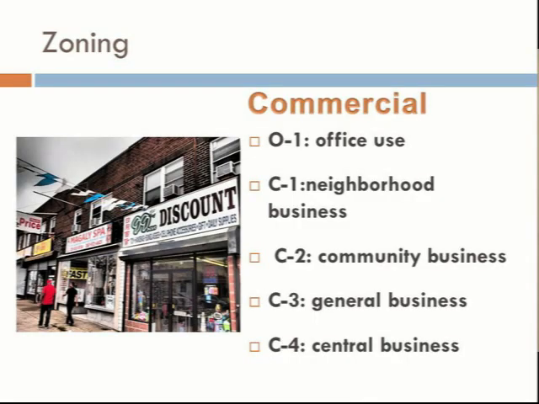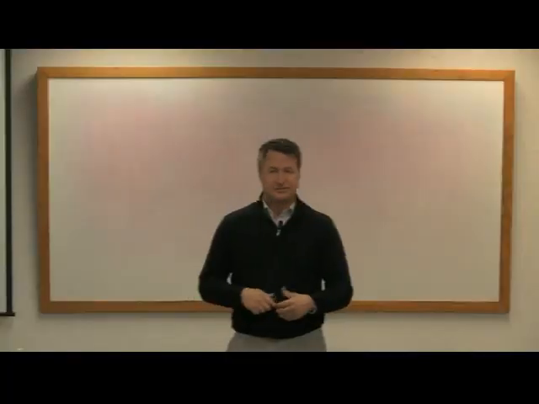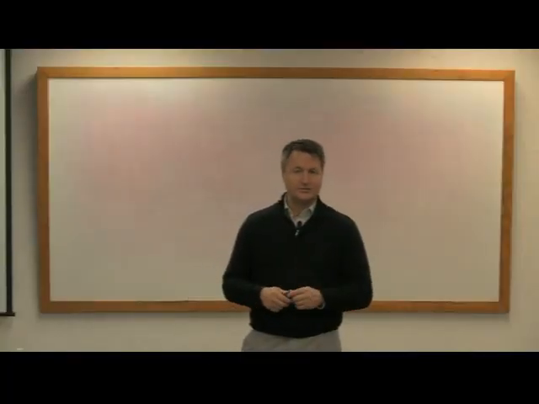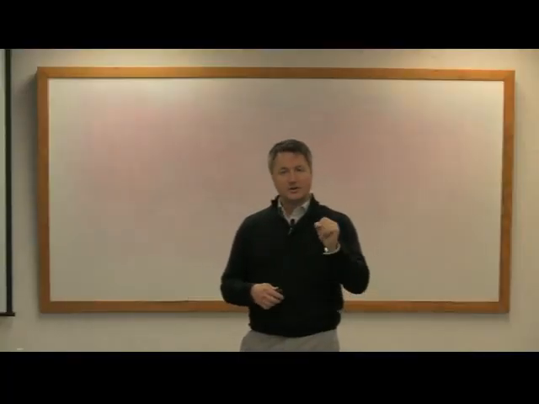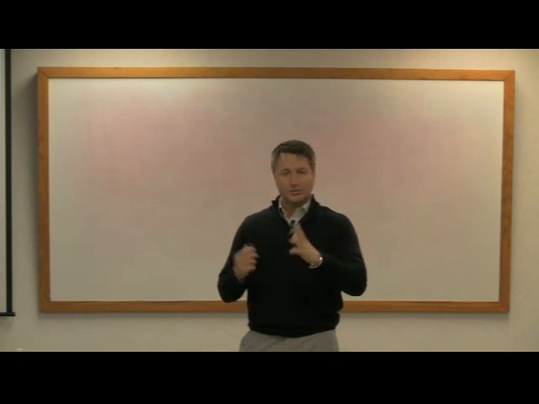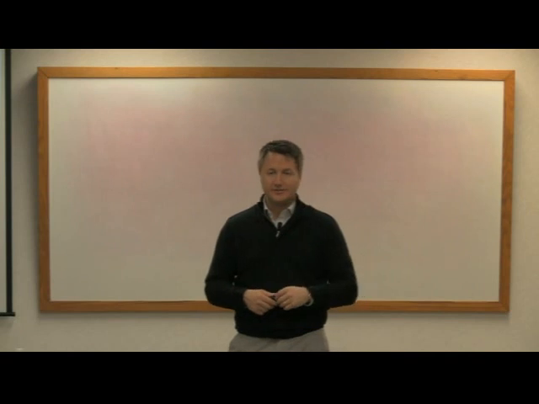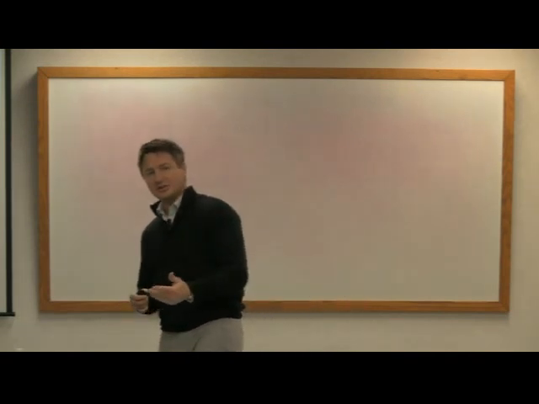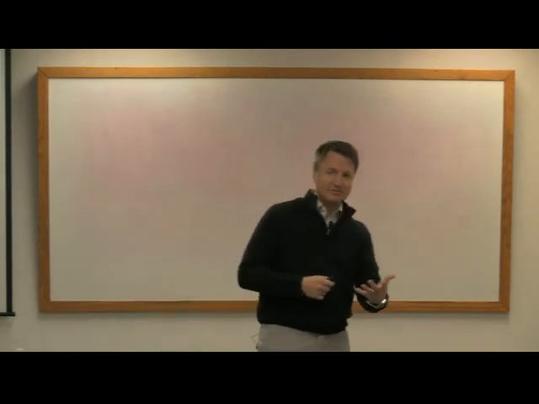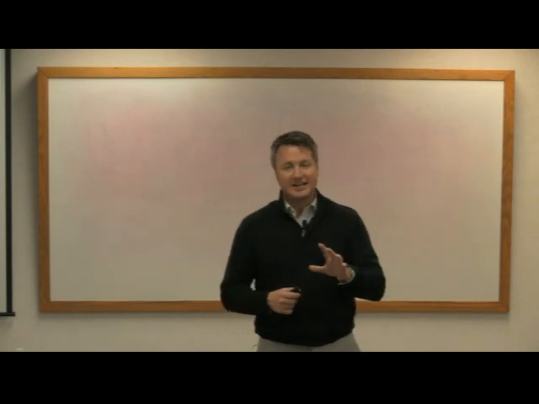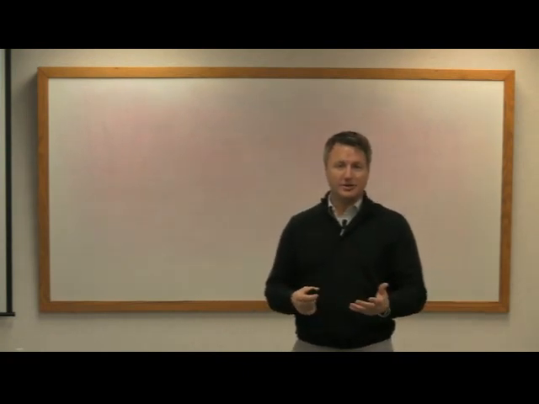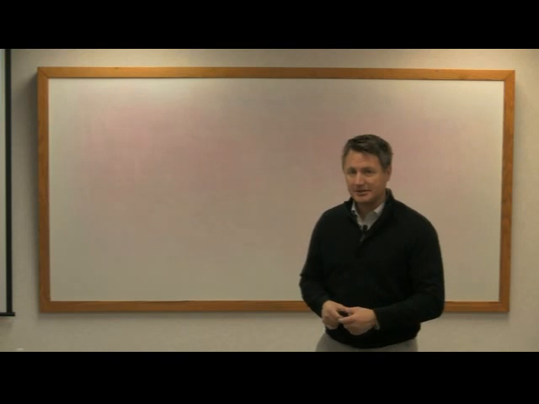O1 is for office, C1, C2, C3, or C is for commercial. So the R, whether it's R1, R2, all the way up to R7, that's residential. The O is office, and the C is commercial. And I'm going through that a little bit fast, but it's because you're not going to have to know those for your exam. It's not something that's going to come up.